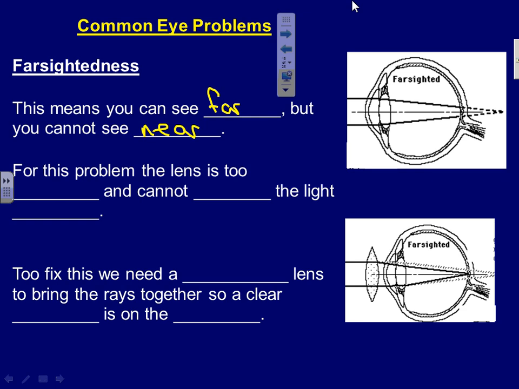For this problem, the lens is too weak and cannot bend the light enough. So if I've got something that cannot bend the light enough, I need a type of lens that bends the light more in. What type of lens bends that light in?